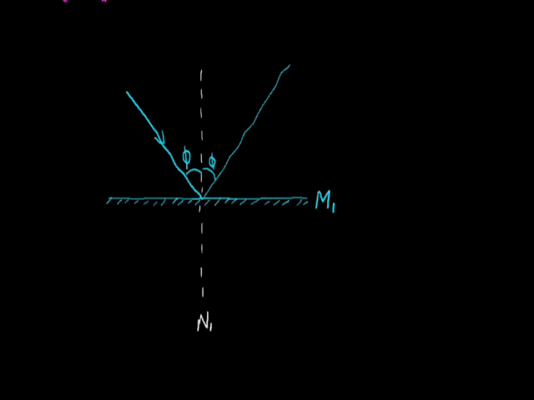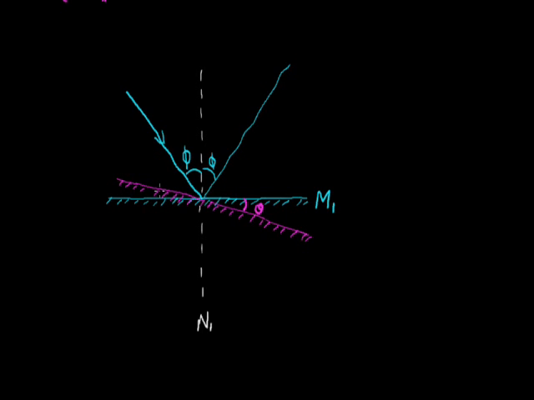So suppose now we have rotated this mirror from the initial position by making an angle theta. Then what will be the angle through which the reflected ray turns? It will be 2 theta, as given in the question.